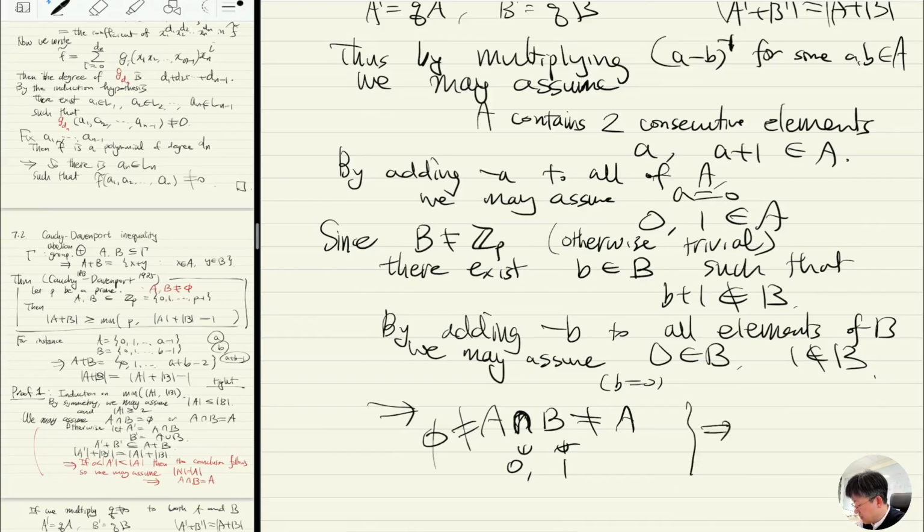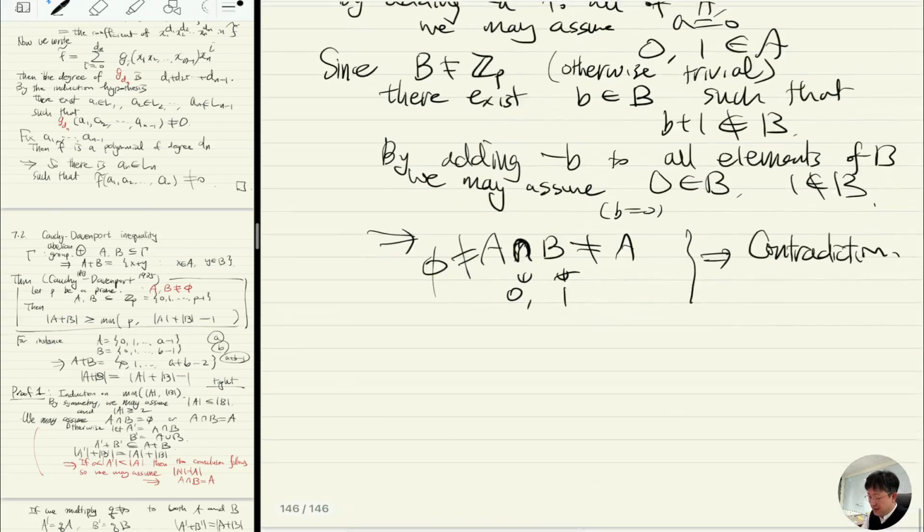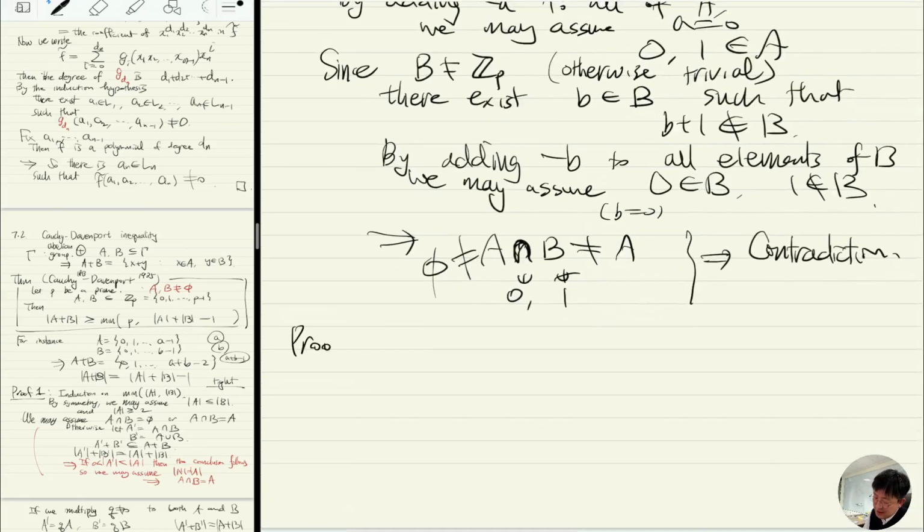So this is a contradiction to the assumption that A intersection B is empty or equal to A. All right, so that's the proof, a purely combinatorial proof. Now I'm going to show you the second proof using the Combinatorial Nullstellensatz.